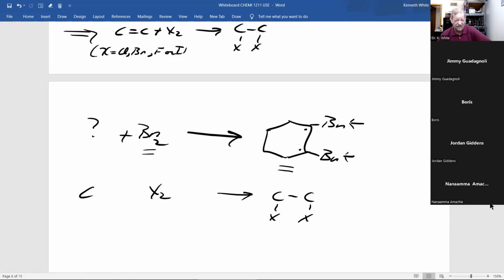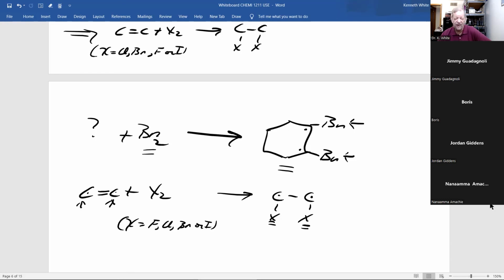What do we react? A double bond. And remember, X can be fluorine, chlorine, bromine, which it is, or iodine. And the two carbons, in this case going backward, that had the halogen, are the two carbons in the double bond.